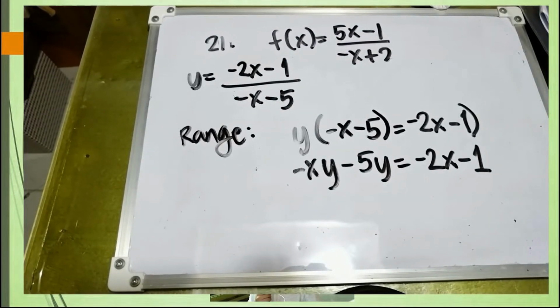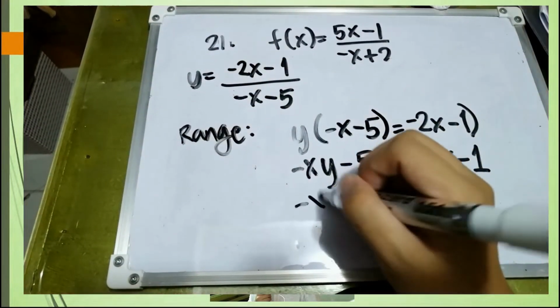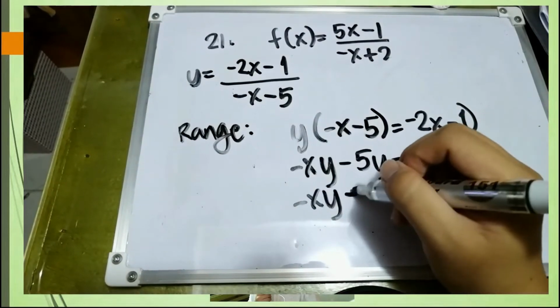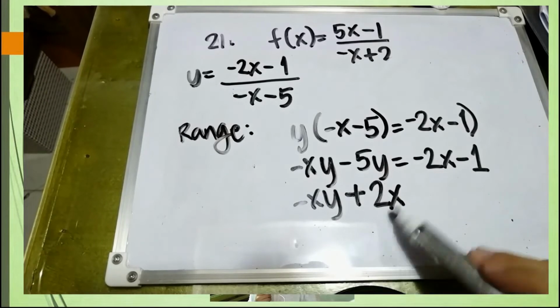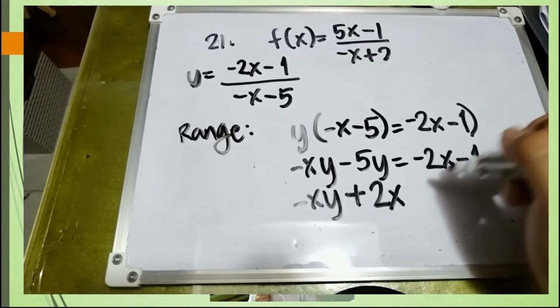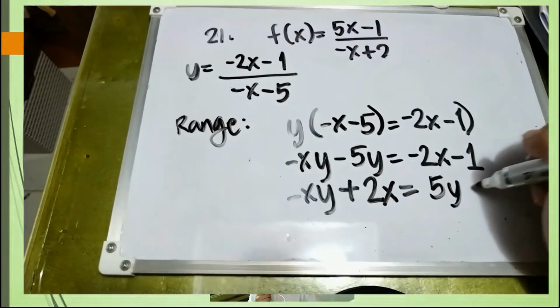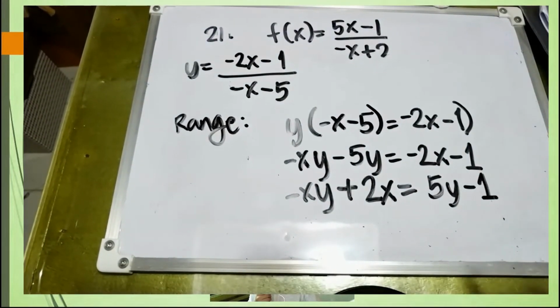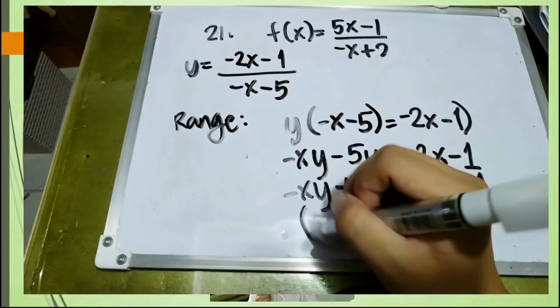After that, we are going to solve for x. So negative xy plus 2x, or we're going to regroup those that have the terms which are having x. That is equal to 5y minus 1. Then, we're going to factor x.